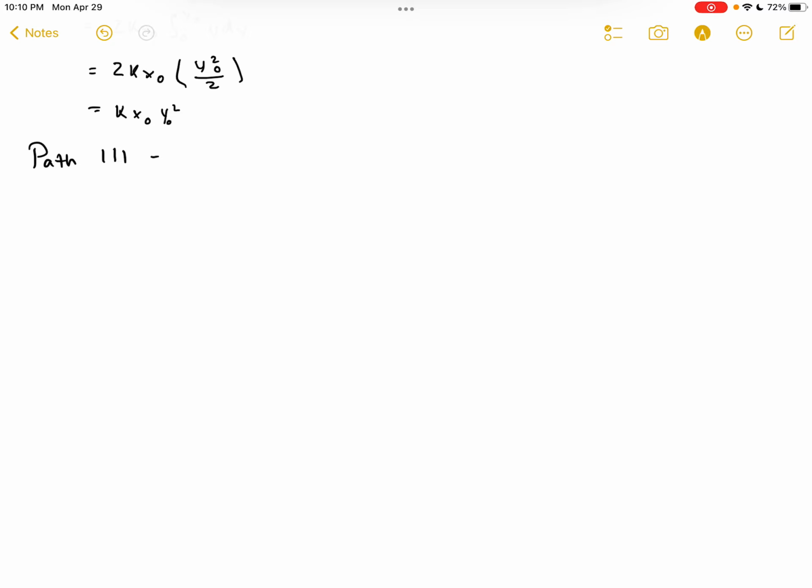And then for our last path, path 3, which is in our yz plane, x is equal to x naught, y is equal to y naught, and z is going to go from 0 to z naught.